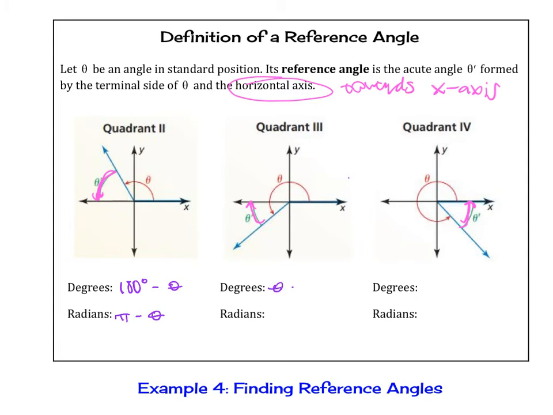For degrees, it's theta minus 180 degrees. Radian is theta minus pi. In quadrant 4, we're looking at 360 degrees minus whatever theta is. For radians, we're looking at 2 pi minus theta. Now again, it's not something you need to remember because if you just think about how far it is to get to that x-axis, that'll help you out a lot.